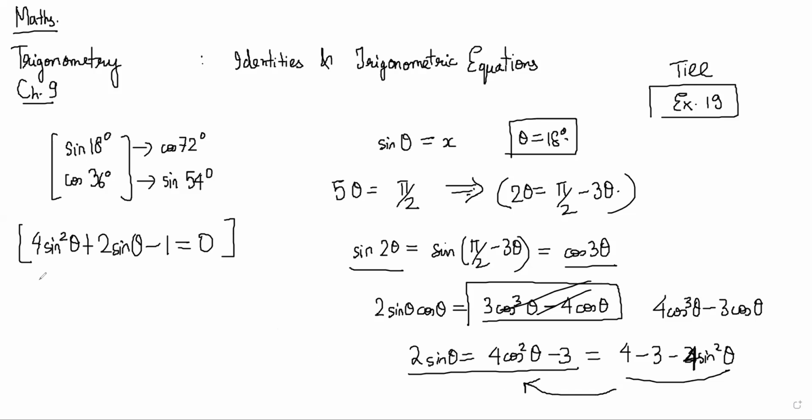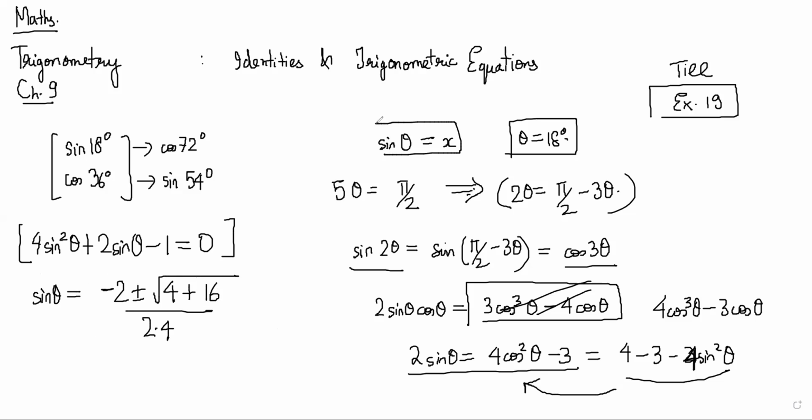Now this is a quadratic equation in sine theta, so the value can be gotten by the quadratic formula: minus 2 plus minus root of 4 plus 16, over 2 into 4. Because theta is 18 degrees, sine theta must be positive, so you cannot take the negative sign; that is not the valid output.